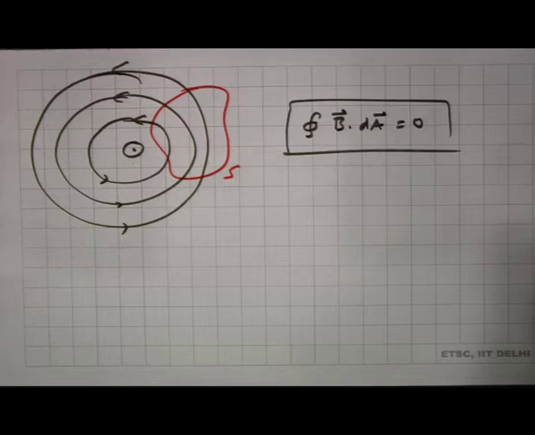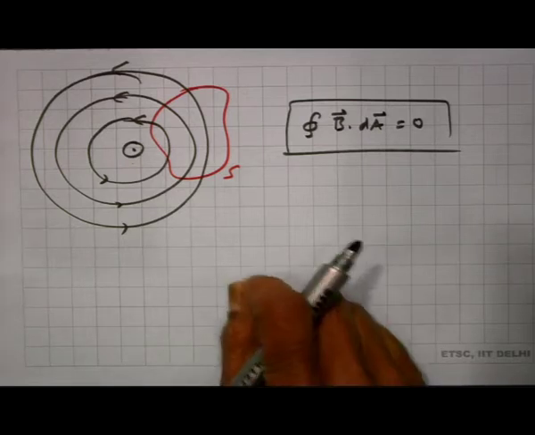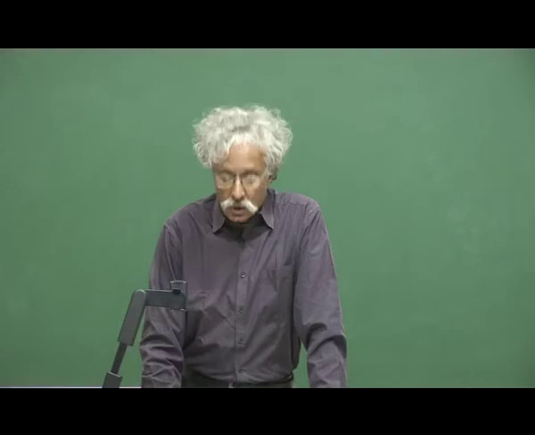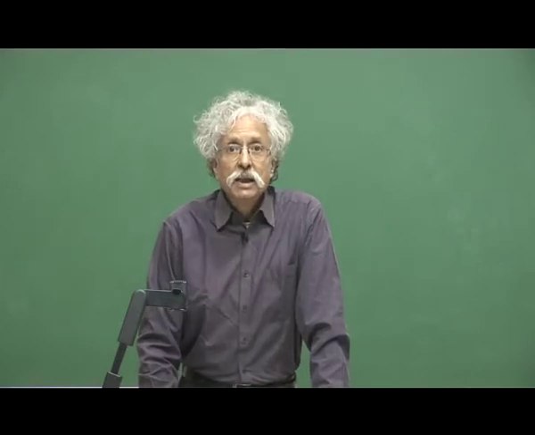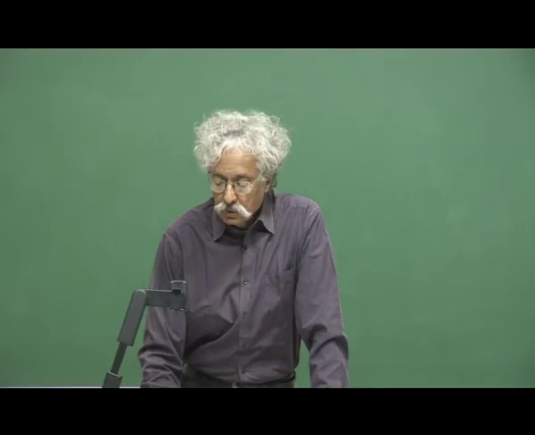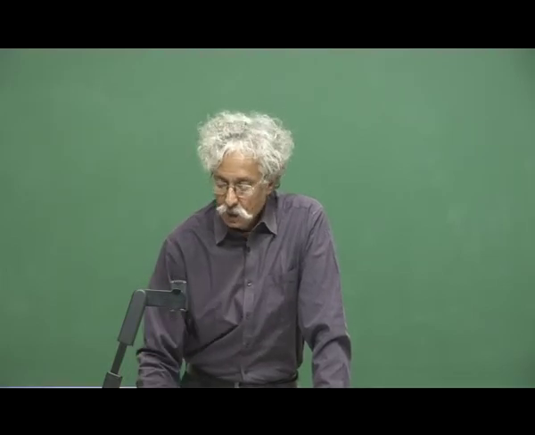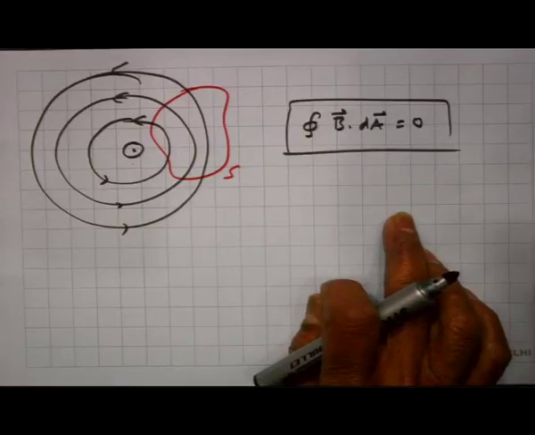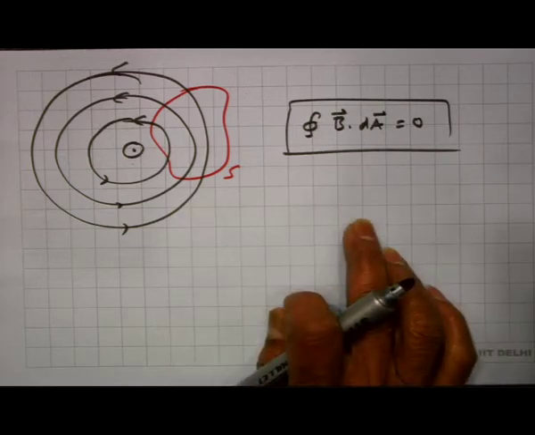This essentially implies that there are no sources of magnetic field lines; they do not start from any point and end at any other point. They form closed loops, or they start from here and end at infinity. This is contrary to the equation satisfied by electrostatic fields, where the flux was equal to the net charge enclosed divided by epsilon 0.